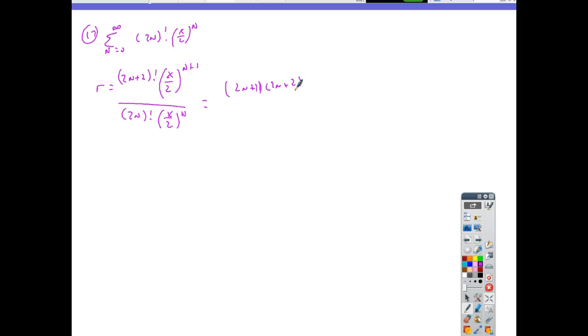It was 2n, so we're going up 2, 4, 6, 8. So this would be like 8 factorial over 6 factorial. When I cancel them all out, I end up with an 8 and a 7, the last 2 terms available. In other words, I got 2 more than this, so there'd be 2 more terms. One would be 2n plus 1, the other would be 2n plus 2, right? That's what I really needed to explain, because that's not obvious.